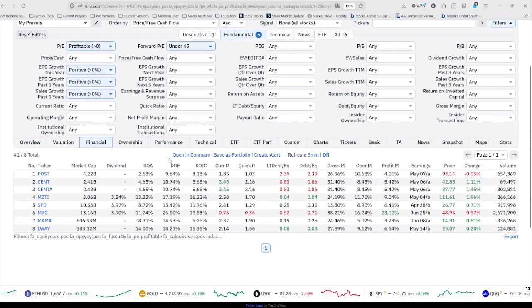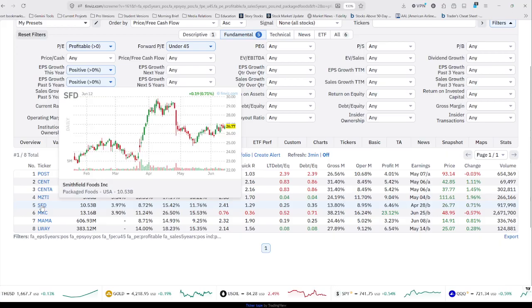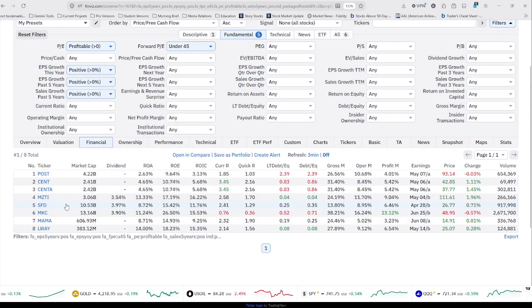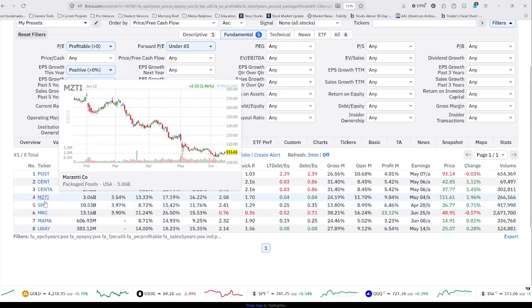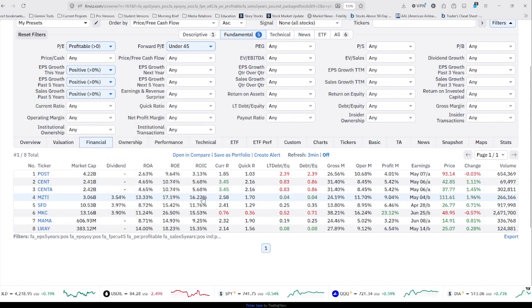Okay. All right. Here's SFD right there. So you can see that they're kind of like middle of the pack, slightly over the median here. Right.